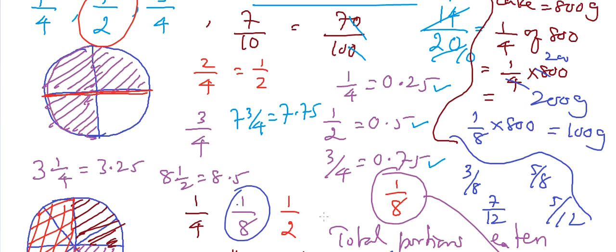So for example, either we can say your father ate 100 grams of the cake, or you can say 1/8 of the cake. Both represent the same information.